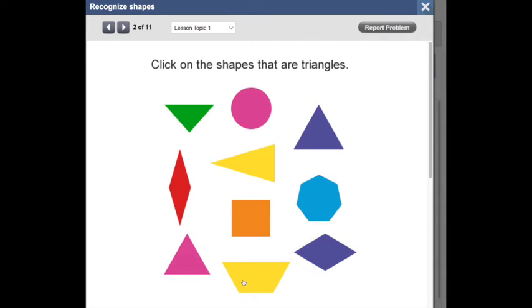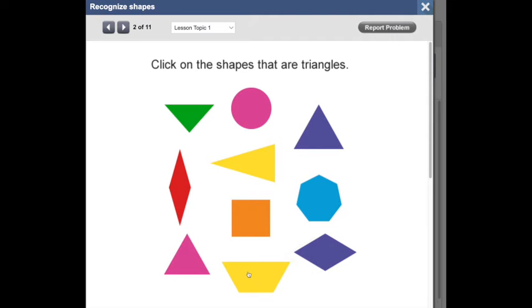This is a no. And by the way, I told you that quadrilaterals have 4 sides. This has 1, 2, 3, 4. And this looks different than a square. It looks different than a rectangle. This is called a trapezoid.